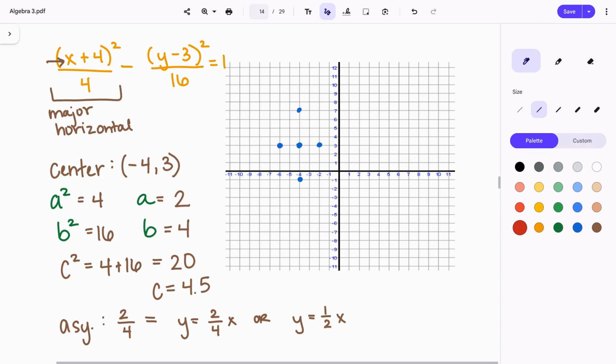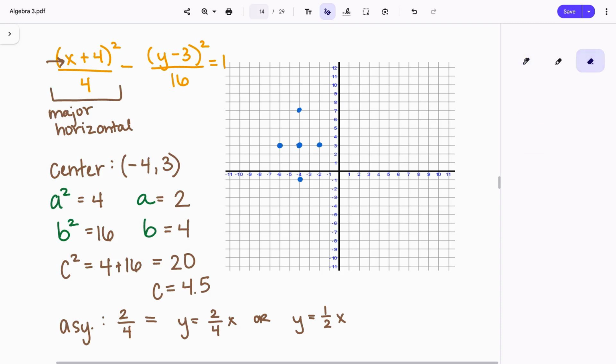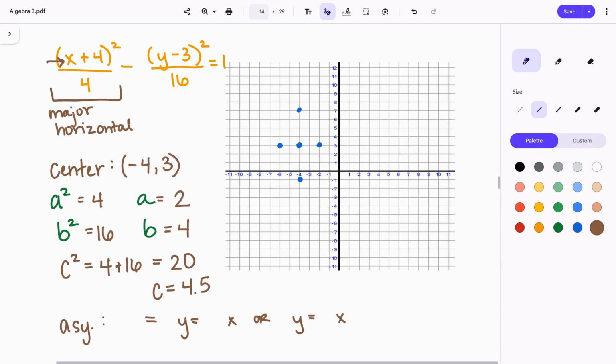And then if you do your 2 over 4, oh no, that has to switch upside down too. So it should be 4 over 2, because we switched our A and B. So you're going to go up 4 and then left and right 2, down 4, left and right 2.